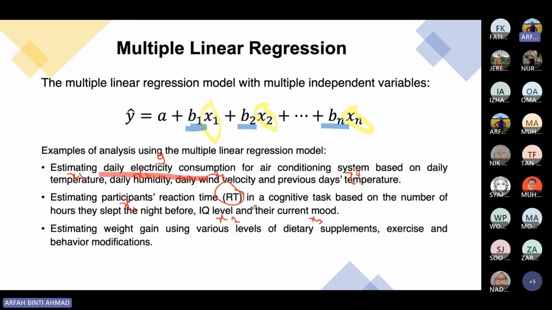So another example is estimating weight gain using various levels of dietary supplements, exercise, and behavior modification. So weight gain is your y, and the factors are dietary supplement x1, exercise x2, and behavior modification x3.